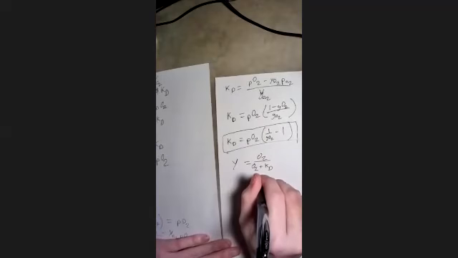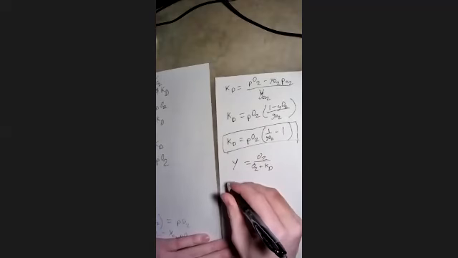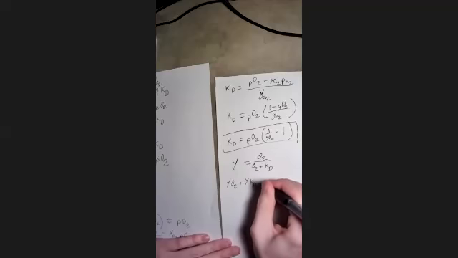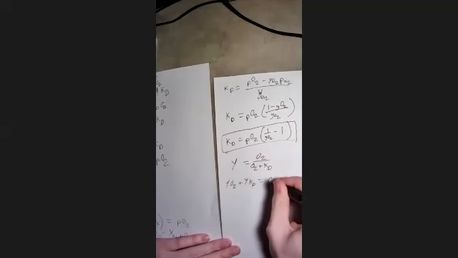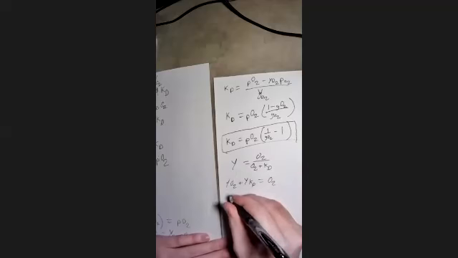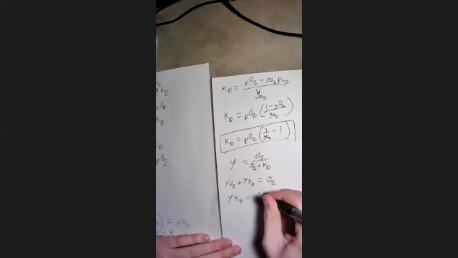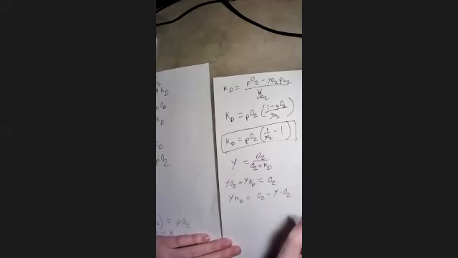Then we get Y O2 plus Y KD is equal to O2. Y KD is equal to O2 minus Y times O2.